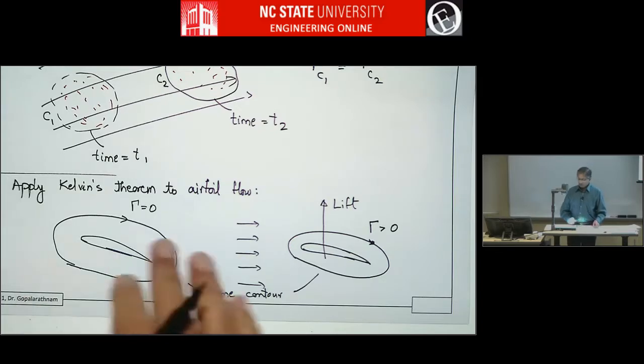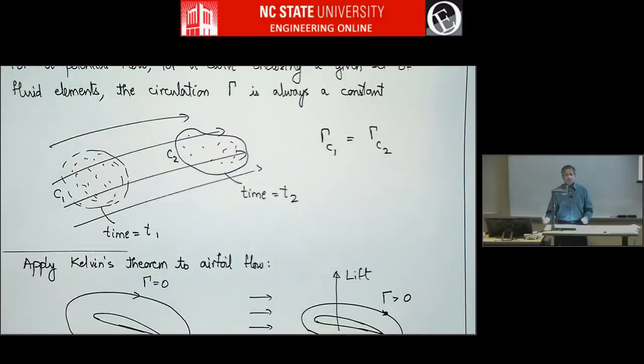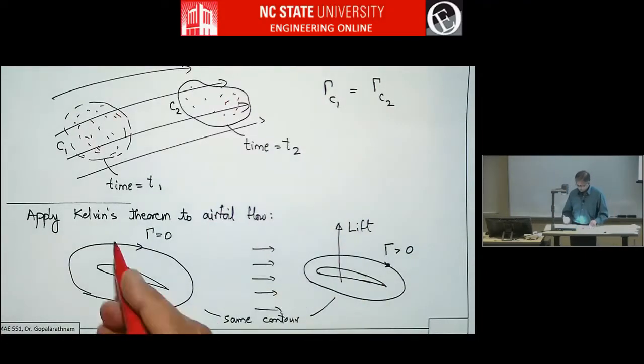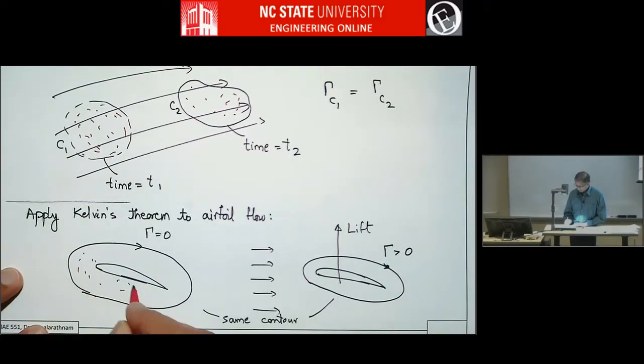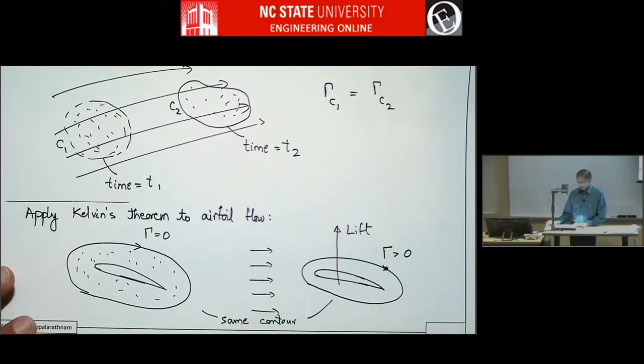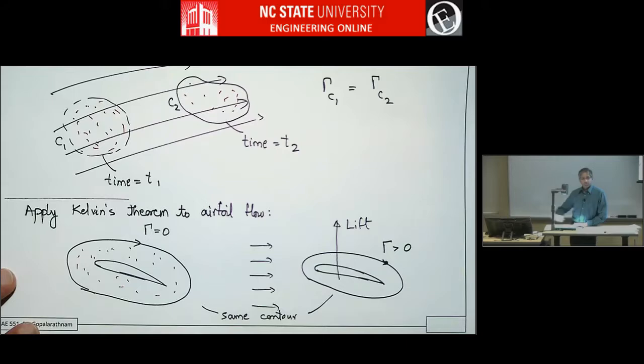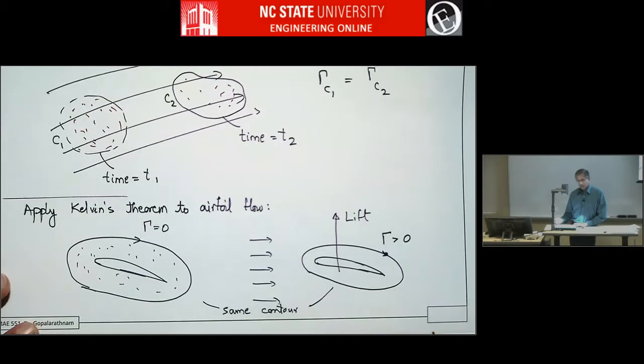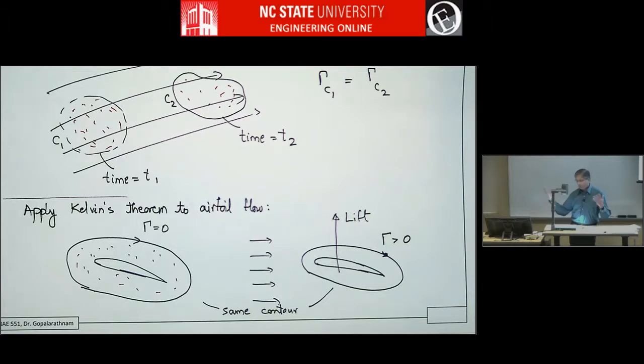So Kelvin's theorem says that circulation is conserved as long as you take the contour around the same set of particles. So before you started the tunnel, if you somehow tagged all the particles here with some smoke or something, and then you turn on the tunnel, these particles will blow away downstream, right? Then you can't take the same contour and say that you're enveloping the same set of particles. No, it's a different set of particles.